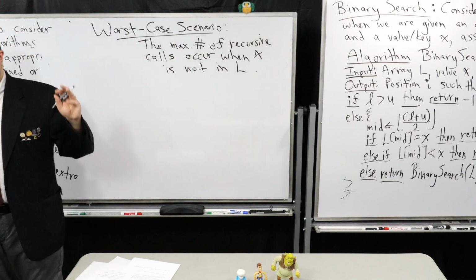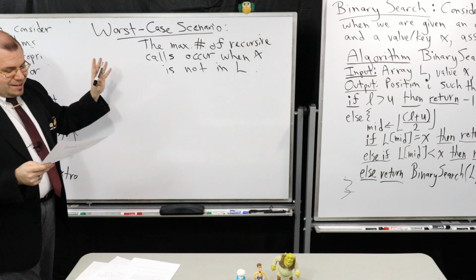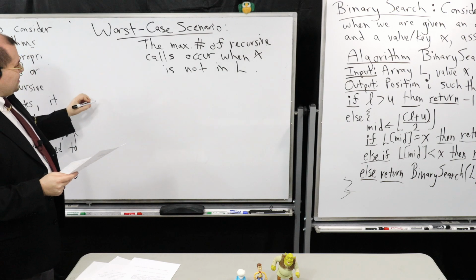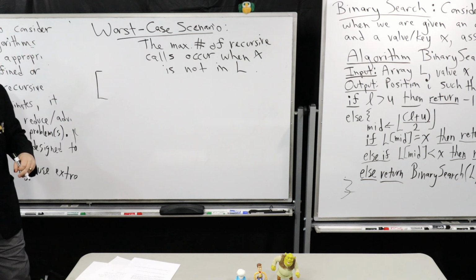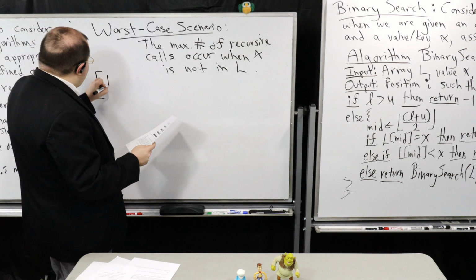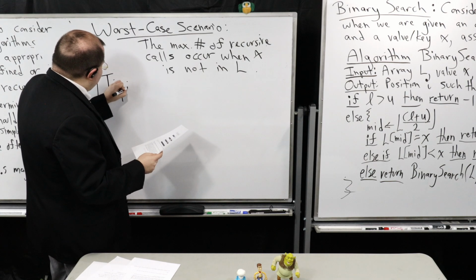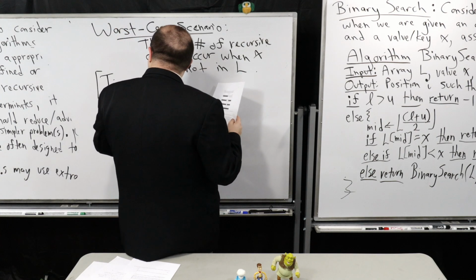So I want to make sure that I'm very clear about the analysis for the recursive algorithms that we typically will run into. I'm going to give you a little bit of a tip here before I proceed. A tip.